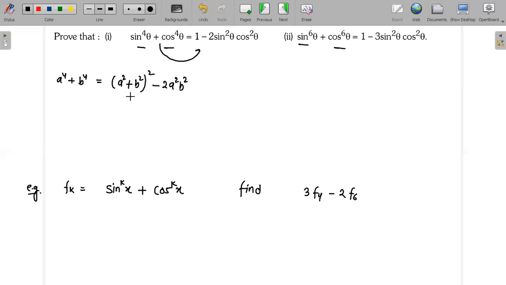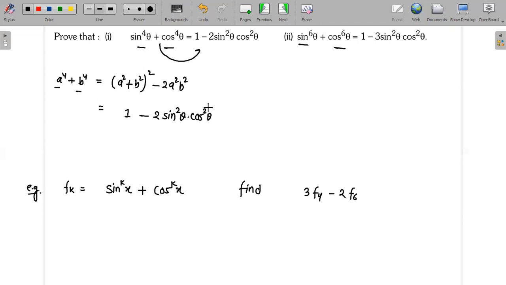So if I square this a square plus b square, I know there will be a term of a to the power 4 plus b to the power 4, which will help me reduce this expression or convert it into a product of two trigonometric terms. So let's replace a square plus b square with 1 minus 2 times a square, which stands for sine square theta, times b square, which is cosine square theta.